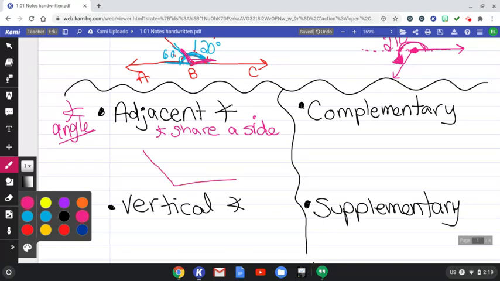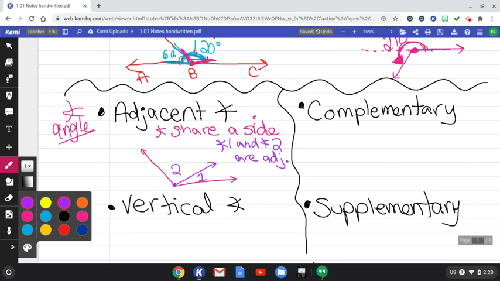If I draw an obtuse angle, and then from the vertex in the middle, I split that angle into two other pieces, those two angles are adjacent angles. So if I name the little one angle 1 and the big one angle 2, we would say that angle 1 and angle 2 are adjacent, ADJ.